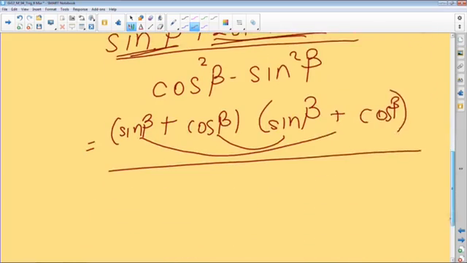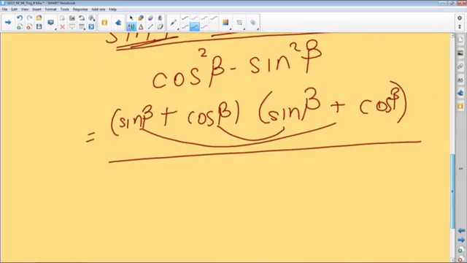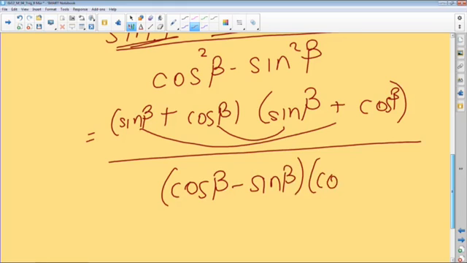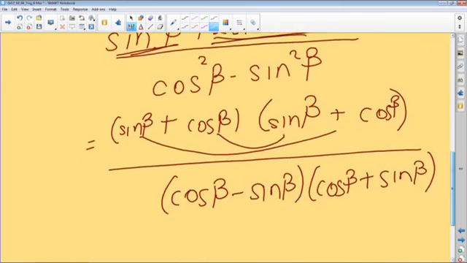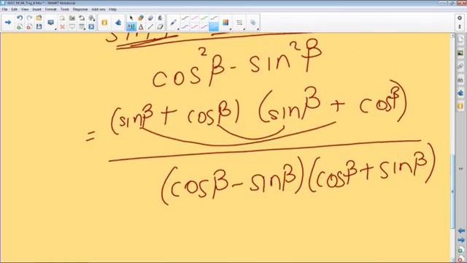At the bottom, cos squared beta minus sine squared beta, that's a difference of squares. So it's the square root of the first term minus the square root of the second term times the square root of the first term plus the square root of the second term. And then you look at that and you get really happy because you can see that you've got common factors in the numerator and denominator. And I know all of you love doing this.